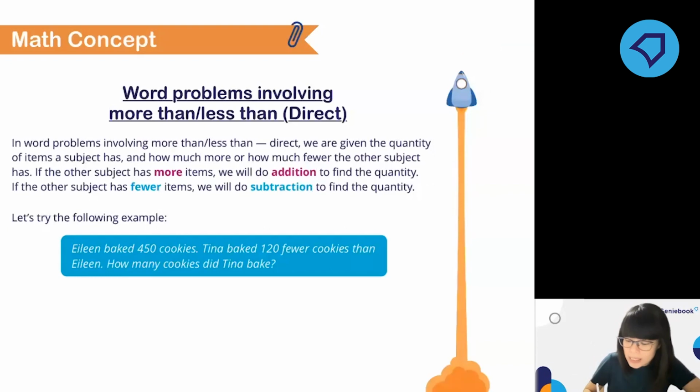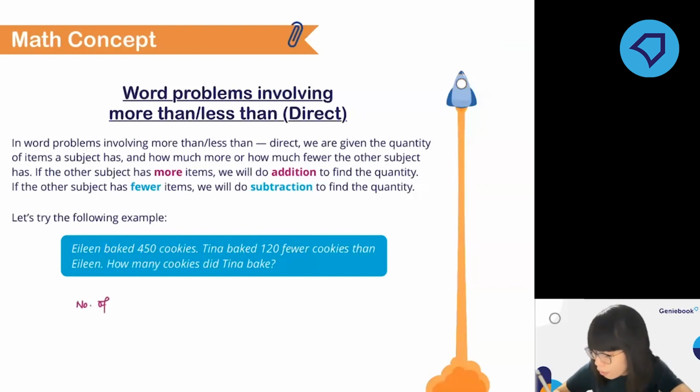Okay, so we have Tina, which is the other subject. You're comparing Tina to Eileen and you're asking for Tina. And since Tina baked fewer, see, the other subject has fewer, means we need to do subtraction. So in order to find how many cookies did Tina bake, right? So let me write it down for you.